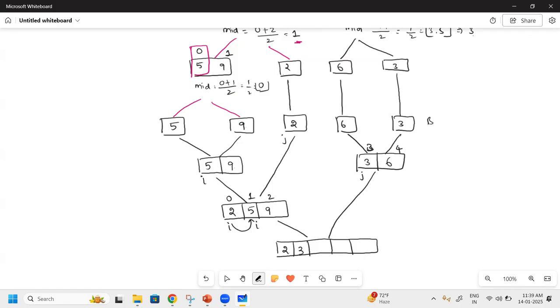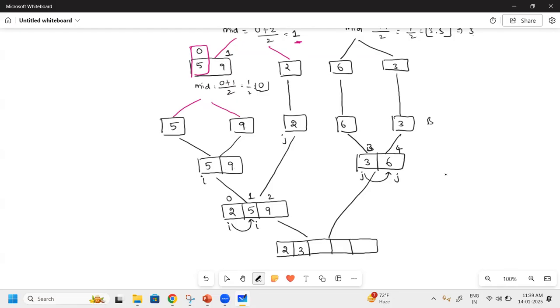Now I am going to place this 3 at this position. Next, J is to be shifted right because I have copied this right side of array jth index. Once it is copied, next I need to update the j value, but I is still at this first index position.